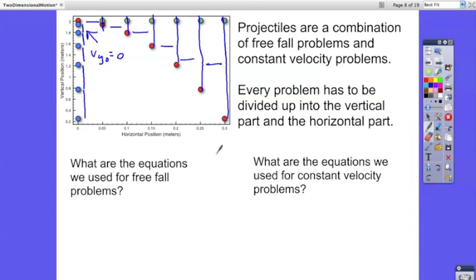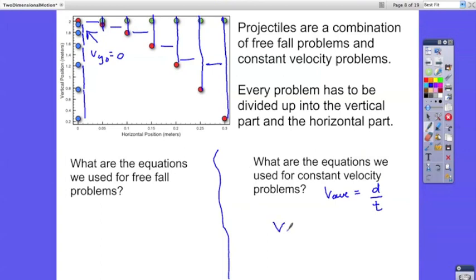So let's try to remember what the equations were that we used for free fall problems and for constant velocity problems. Well, we'll start with constant velocity problems because that's simpler. In Chapter 2, when we did non-accelerated motion, we just had objects moving with a constant velocity or with an average velocity, we said that the average velocity was equal to distance over time. We're going to use variables now that are relevant to the problems that we're solving.